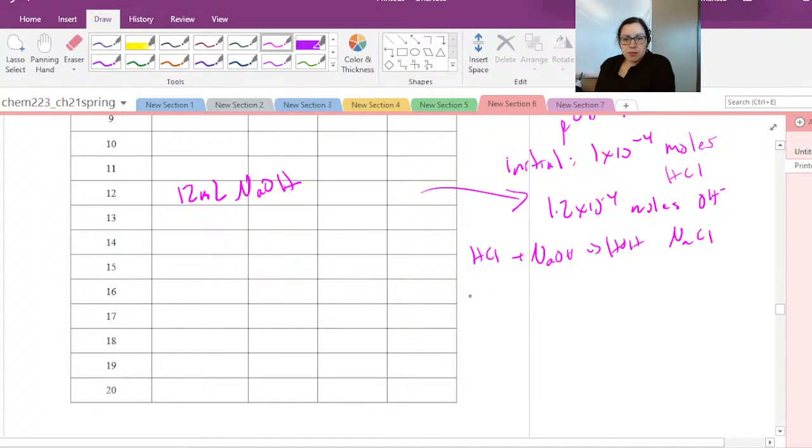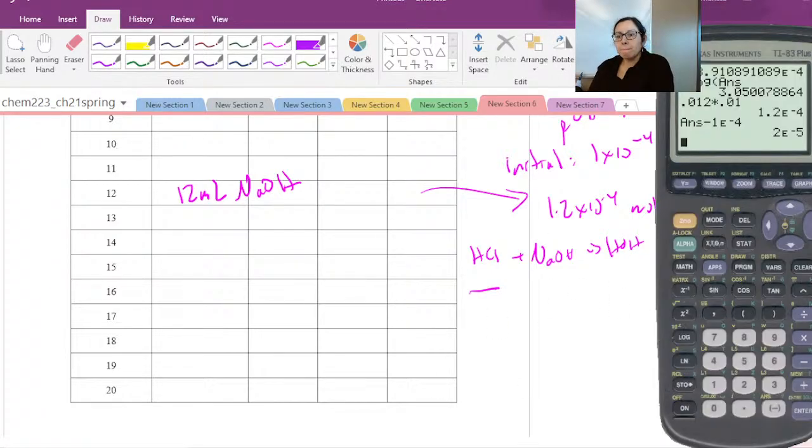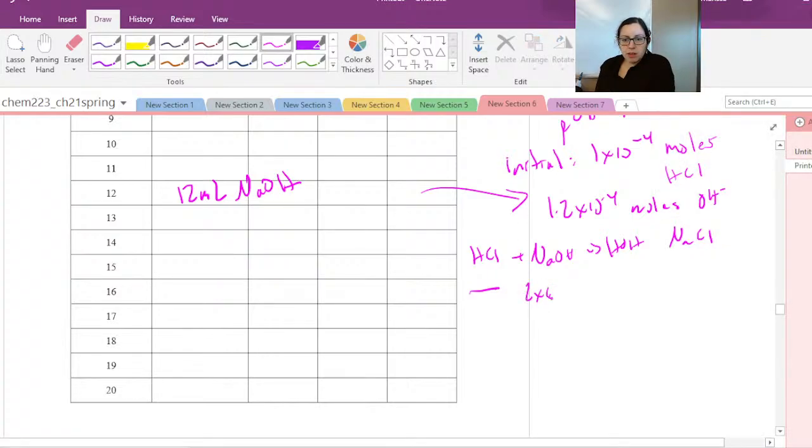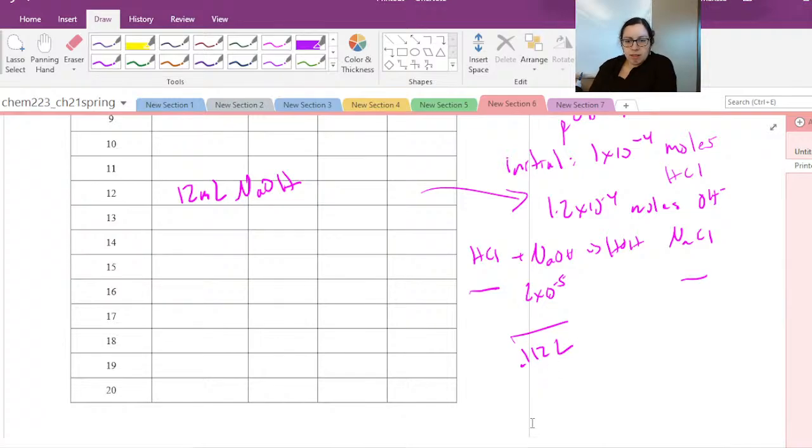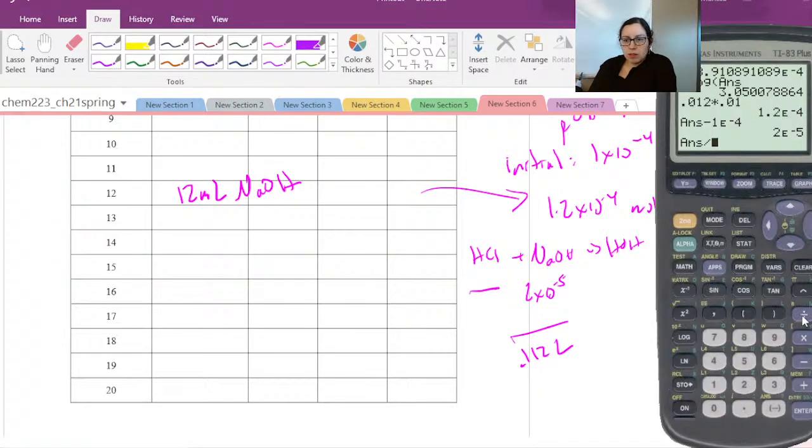All right, so then we can see, well, all my HCl was consumed, and then we are left with 2 times 10 to the negative 5th then for our NaOH concentration. Obviously, the salt doesn't matter because it's a neutral salt. And then new volume, so we're probably at 112 for our volume. So divided by 0.112.